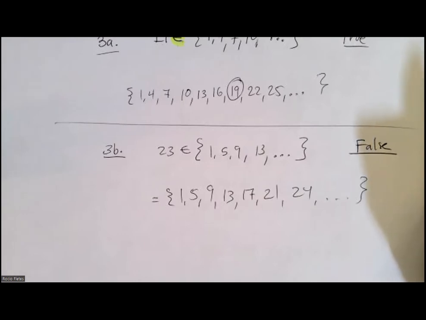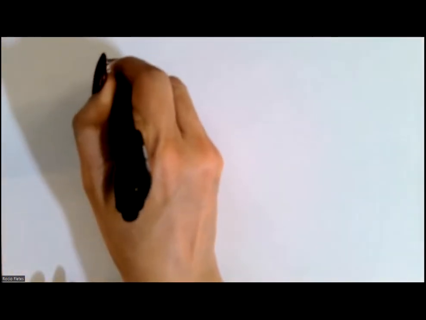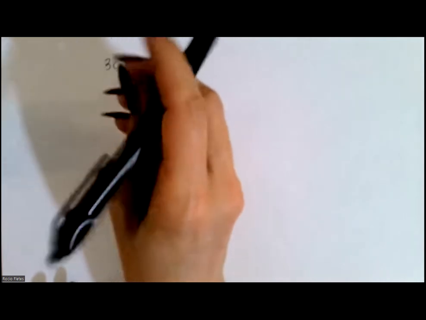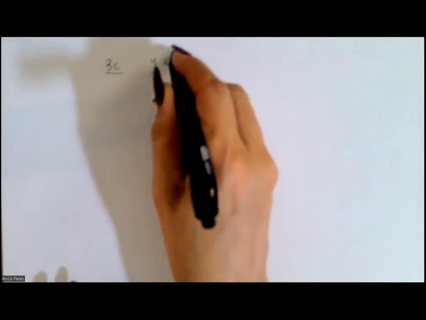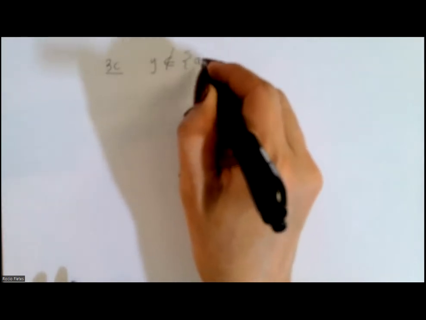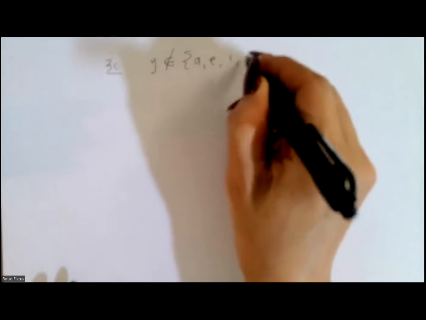All right. And so I want to do also, let's do 3C. So you can see 3C. It says Y does not belong to the set of vowels, right?